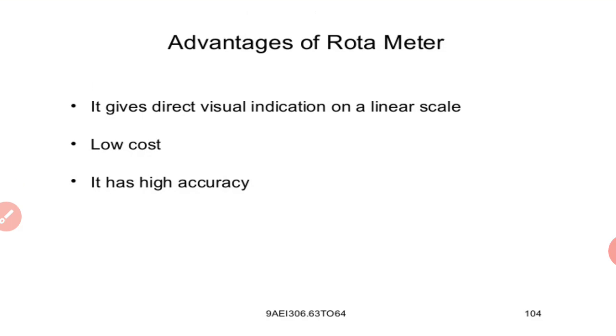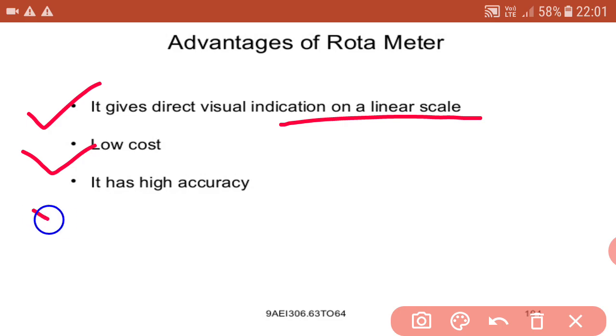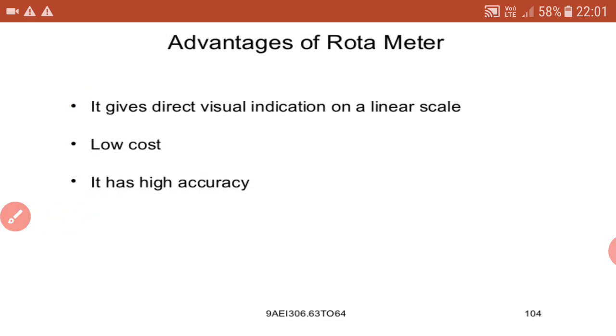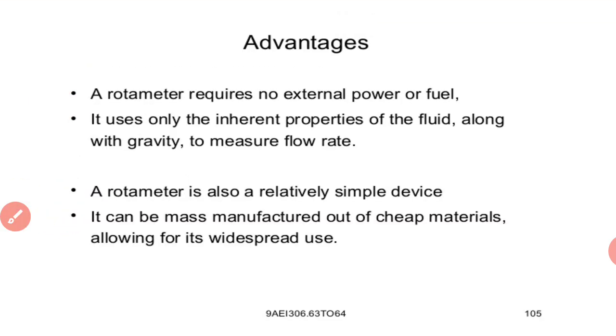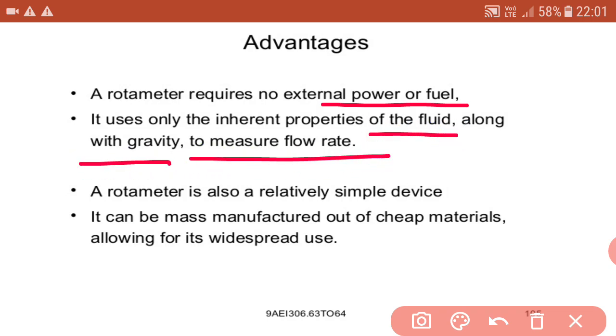Now, the advantages of the rotameter. It gives a direct visual indication on a linear scale. Its cost is low, and it has high accuracy. A rotameter requires no external power or fuel. It uses only the inherent properties of the fluid along with gravity to measure flow rate.